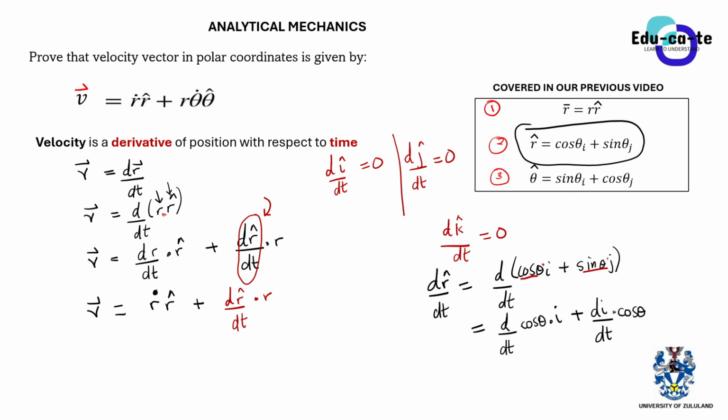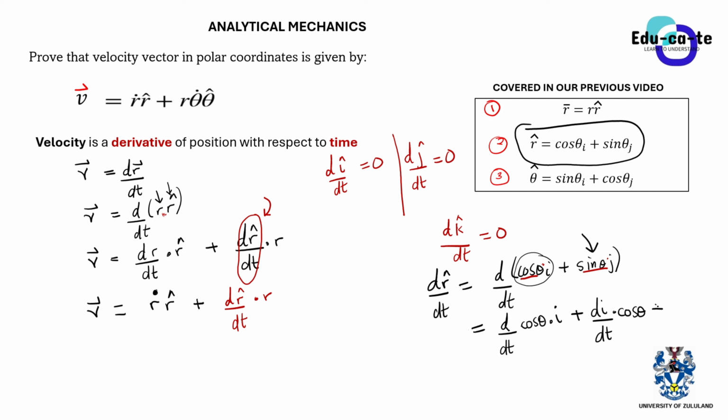So you've applied here the product rule for the first term to express the derivative of cos theta I with respect to time. Now we are remaining here with sin theta j. We can further differentiate that as well.